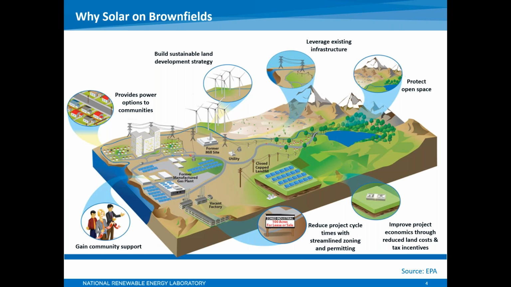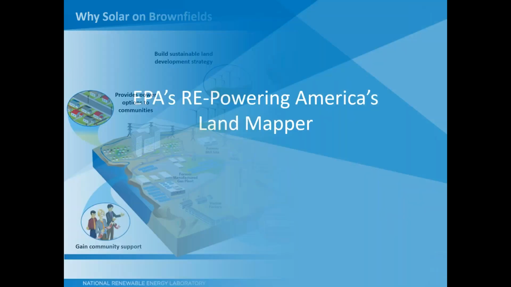And then there may already be a streamlined zoning and permitting aspect to things. So for instance, if you're working in an area where it's already permitted for a certain type of use, that use may match well with installing solar. So you might save a little bit of time with your permitting and your zoning considerations.